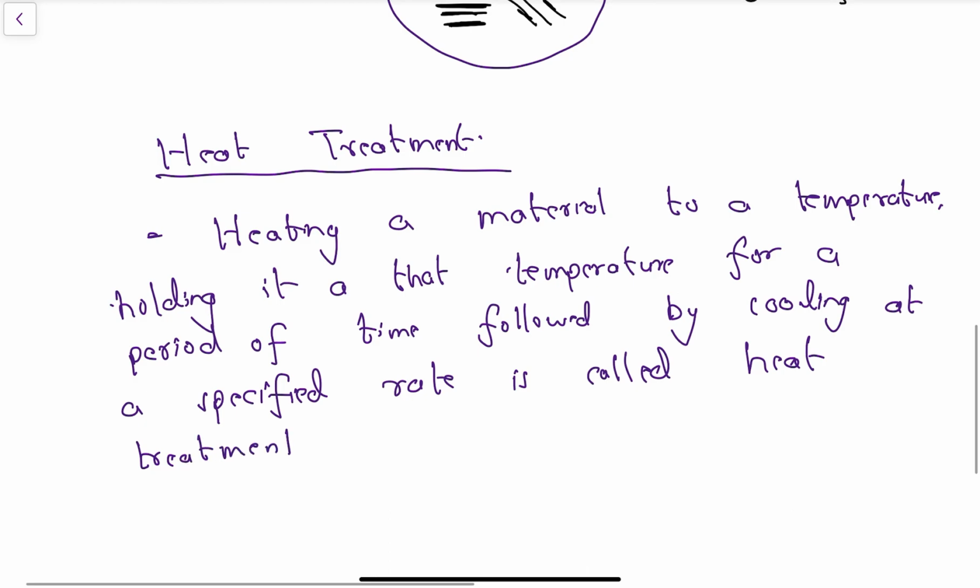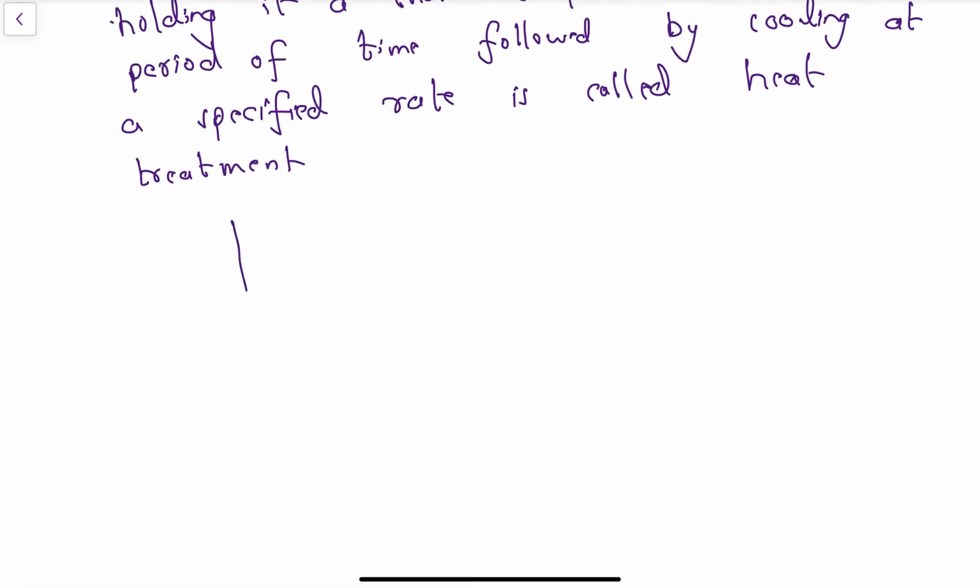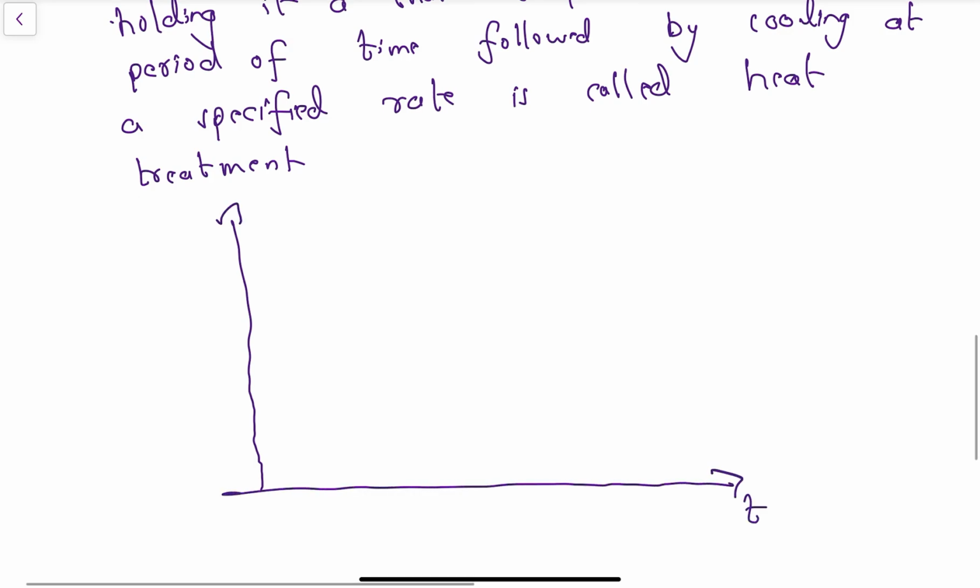That means by cooling at different rates, you will get different microstructures. So let us draw a graph showing that. Here you can see the time, and here you have the temperature. So first, heat treatment is heating to a particular temperature.